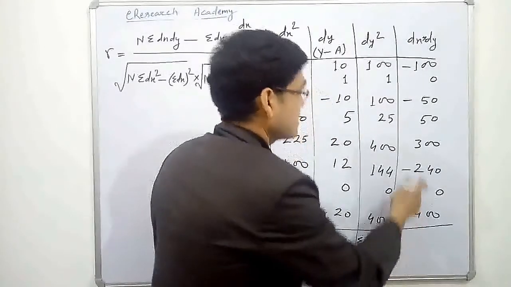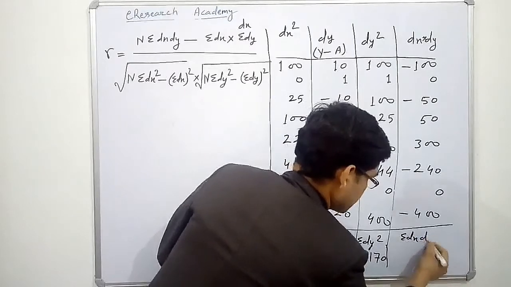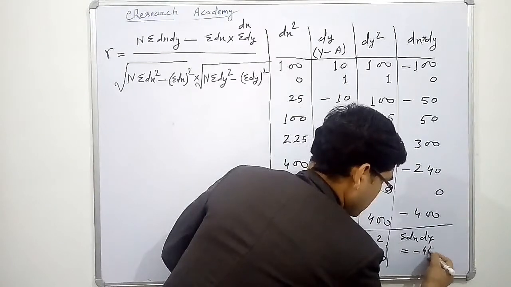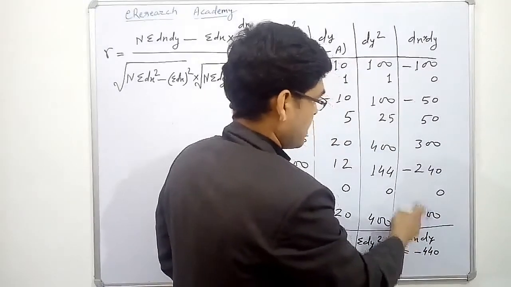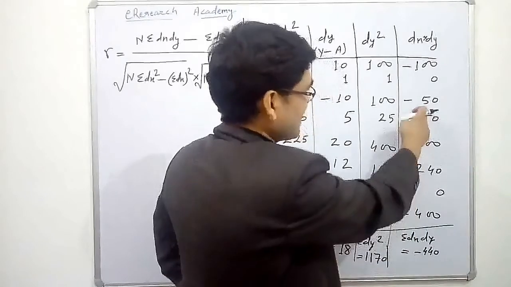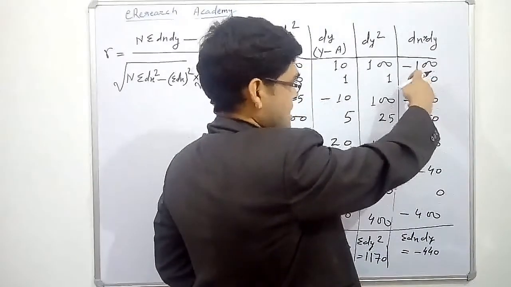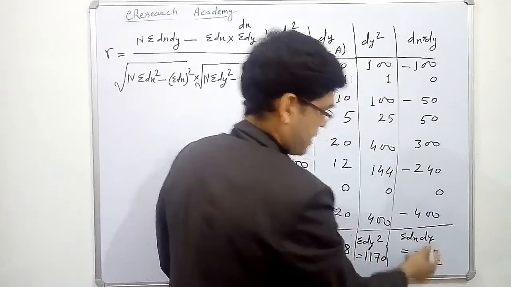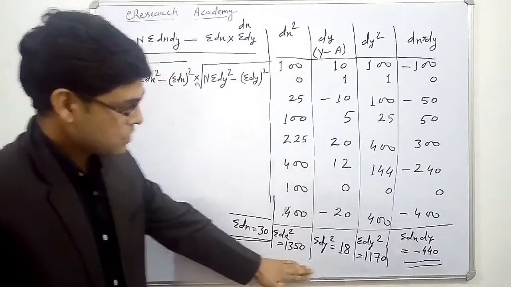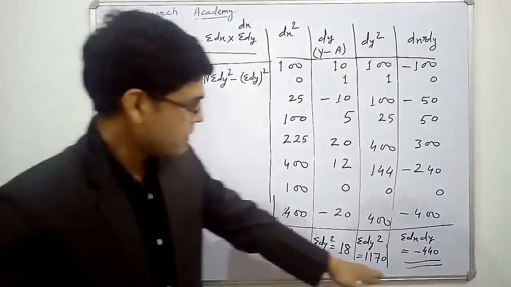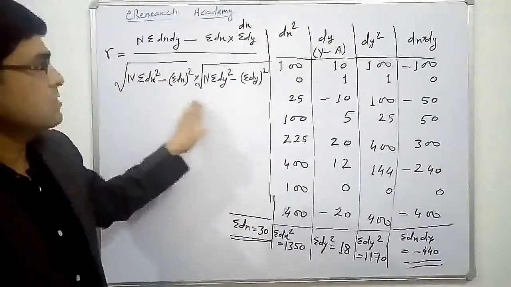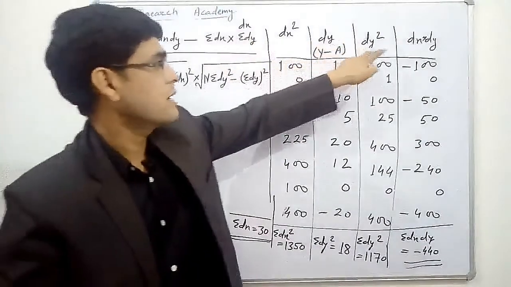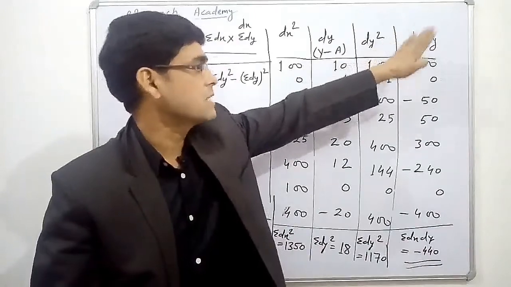And the last one is sigma dx dy, which is minus 440. Okay, so these are the summations of all these columns, and these are all we need in the formula. That is why these columns are there: dx, dx square, dy, dy square, and the multiplication of dx and dy.